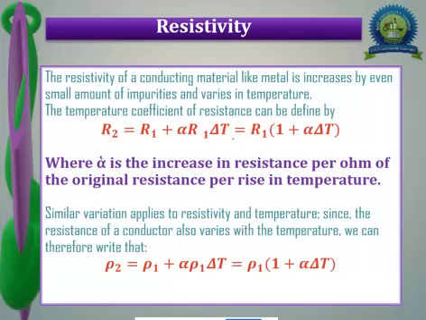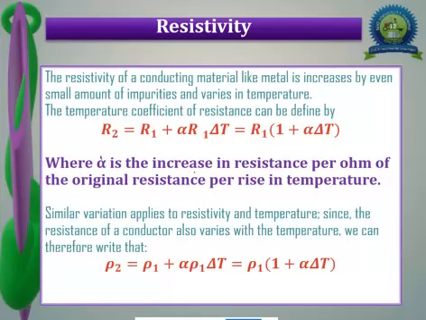Let's go further and look at the effect of temperature. Resistivity of a conducting material like metal is increased by even a small amount of impurity and varies with temperature. So the temperature coefficient of resistance is defined by this expression, where R2 is the final resistance and R1 is the initial resistance.